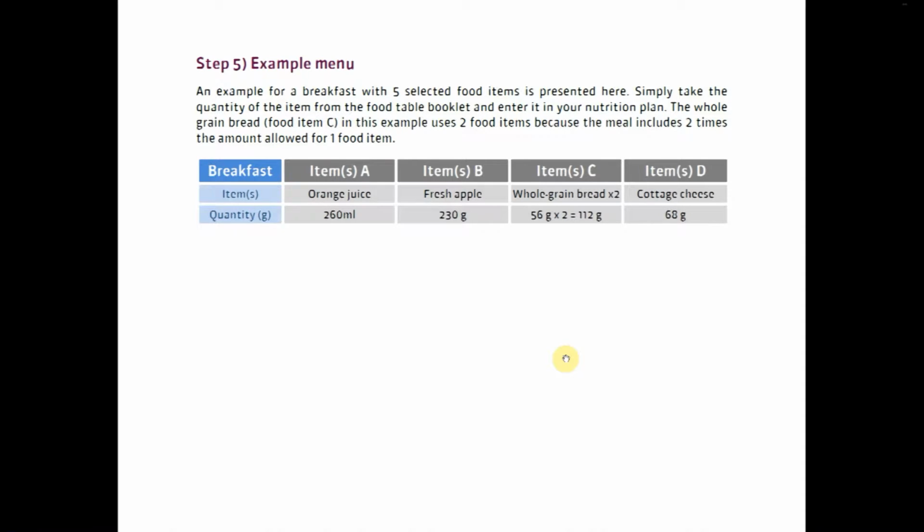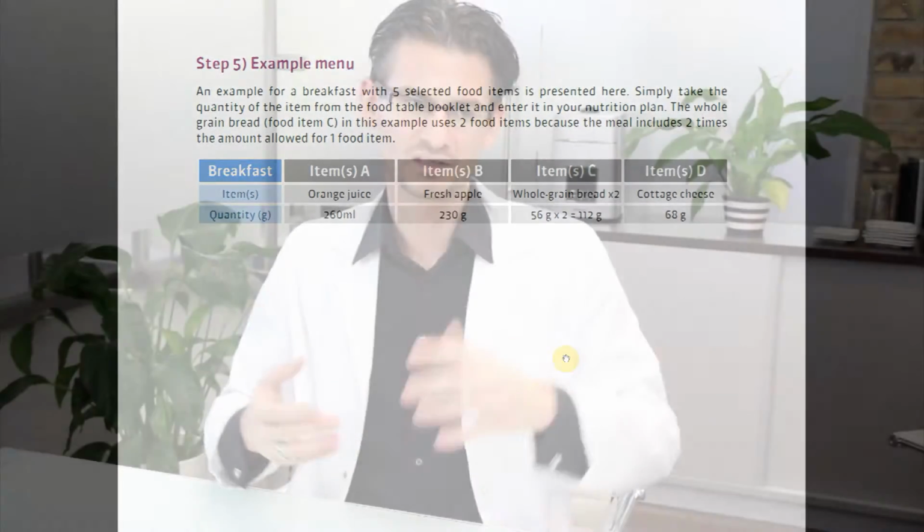So this person decided to invest 2 food items into bread. So it's basically 56 grams times 2, that's 112 grams. And then cottage cheese, 1 food item. So this would be 1, 2, 3, 4, 5 food items invested in breakfast. And then that's 5 or maybe 15 that this person could eat. So this is the concept.